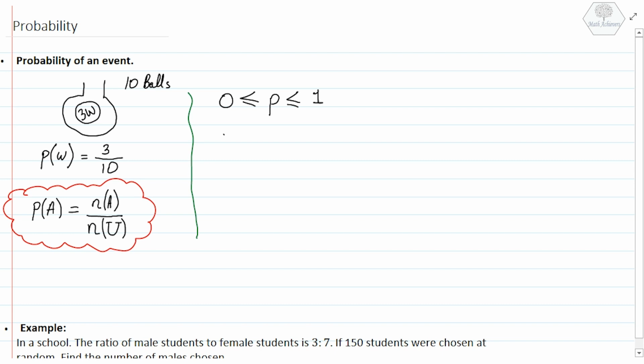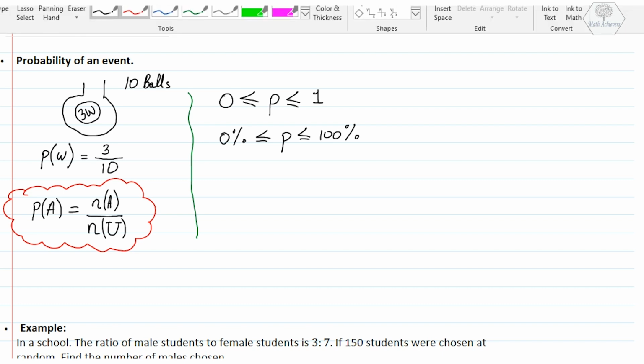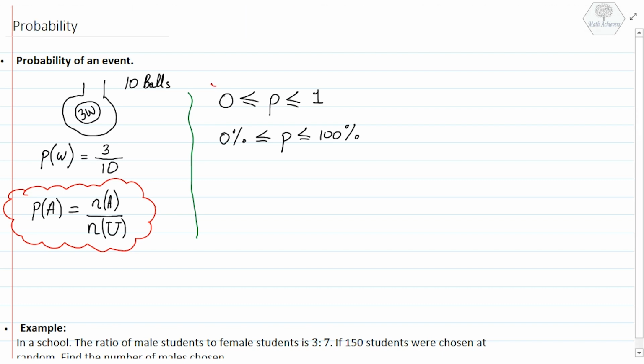Or I can write it as 0%. The probability lies between 0% and 100%. These are my constraints.